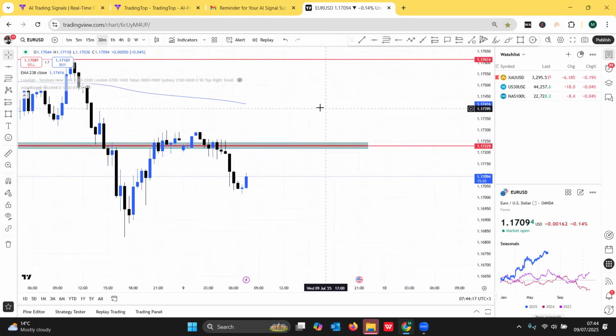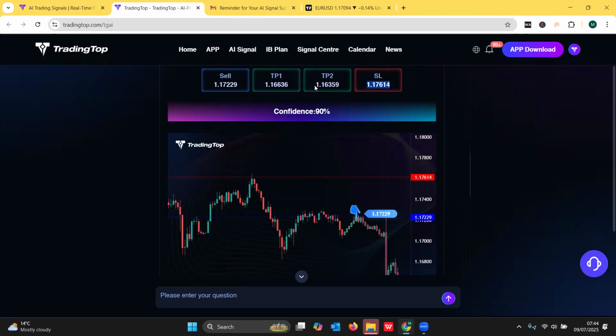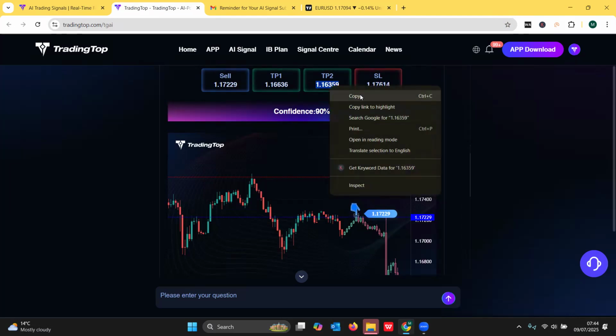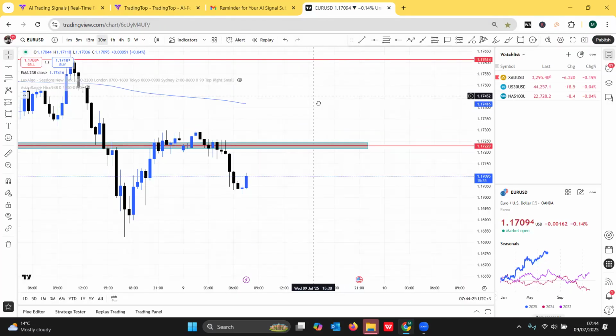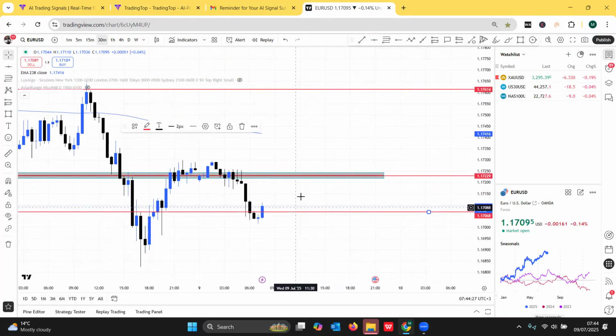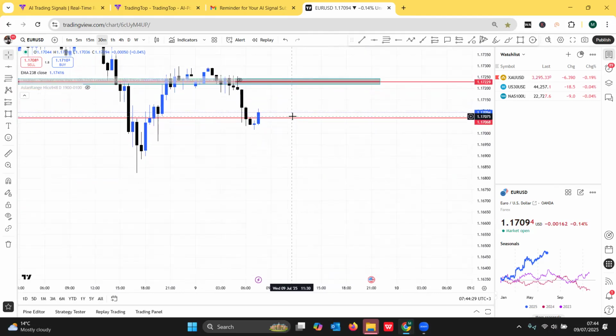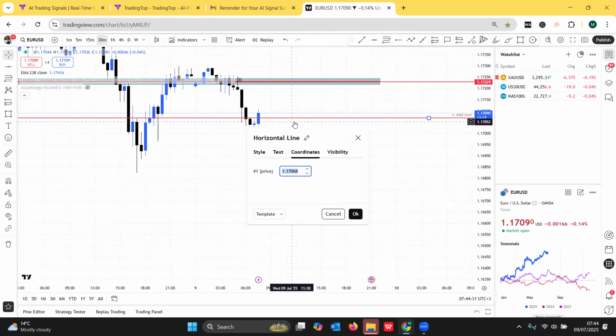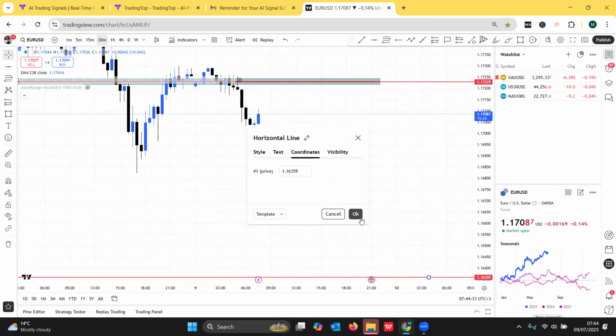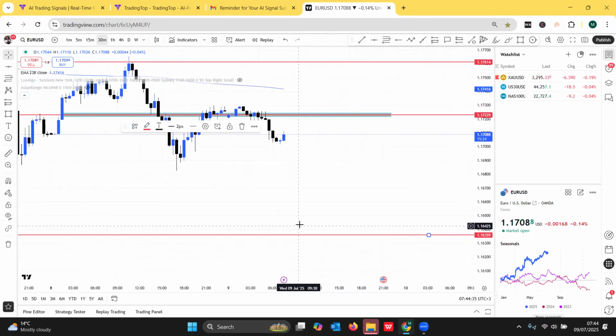With the stop loss, if you take a look at the target two, let's put in the target two. This is where the target two is.